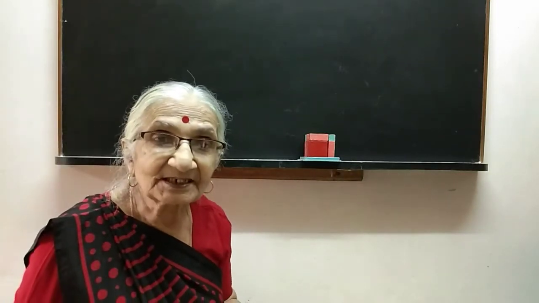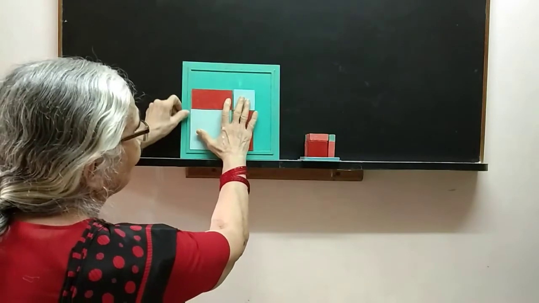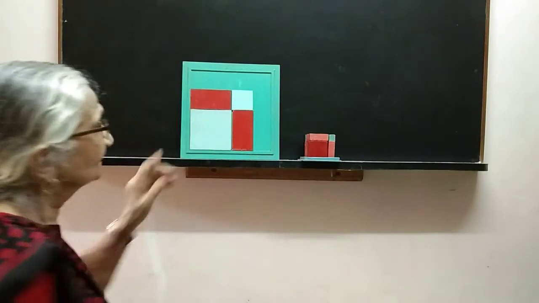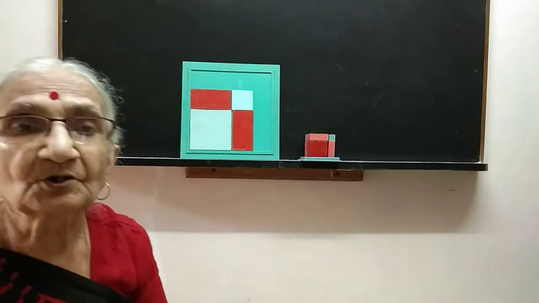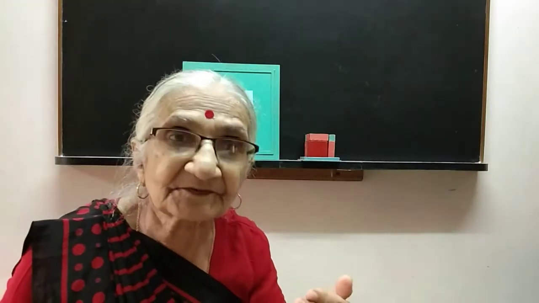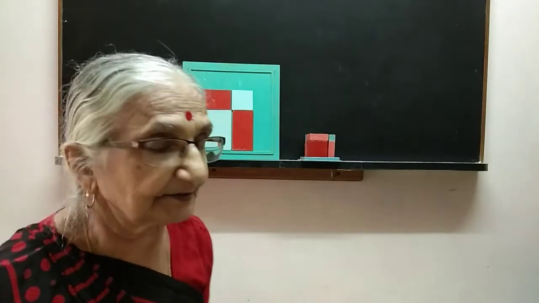Not only that, but as in the case of a plus b whole square, if you recall, and I am sure you do, we had a plus b whole square, the same model we had used for verification of the identity for a minus b whole square.